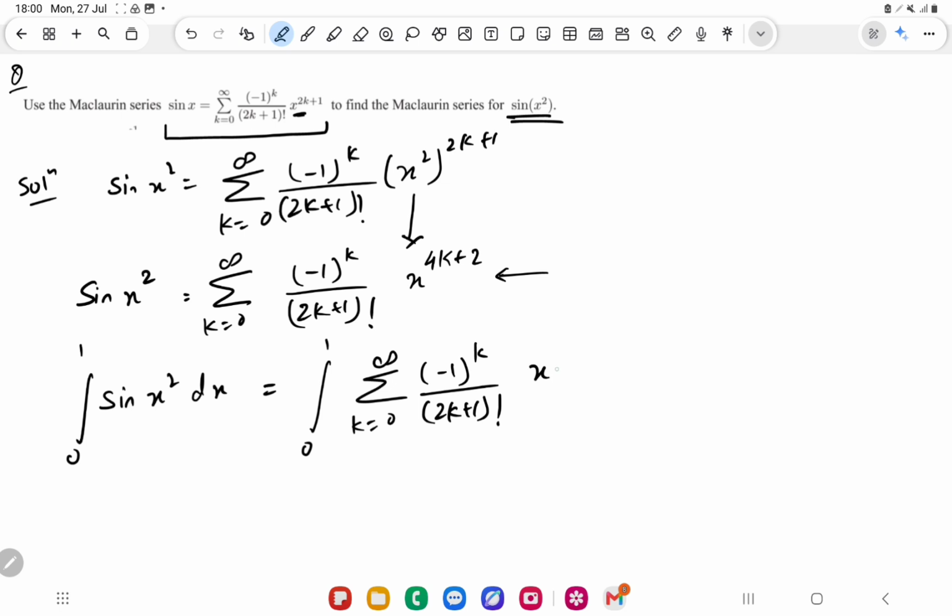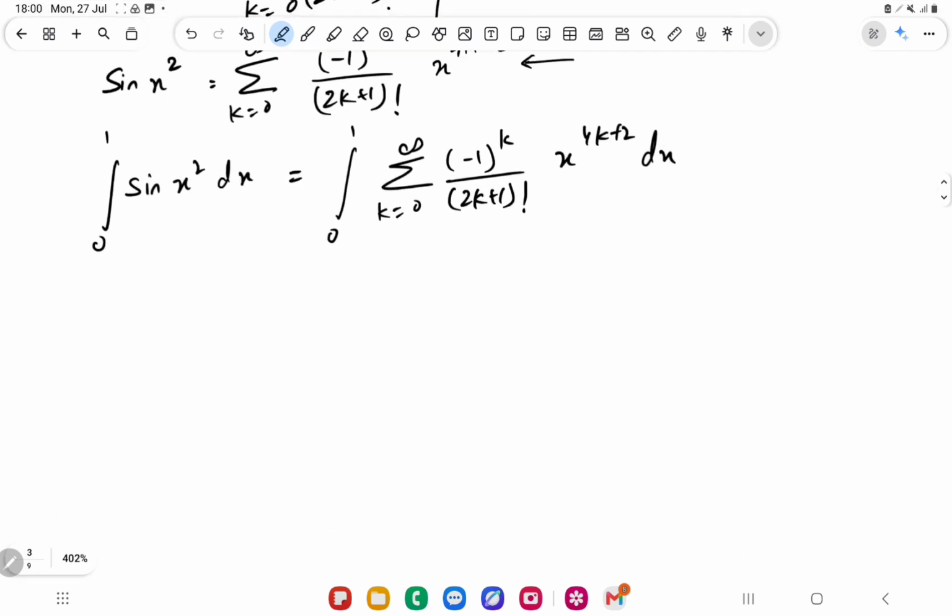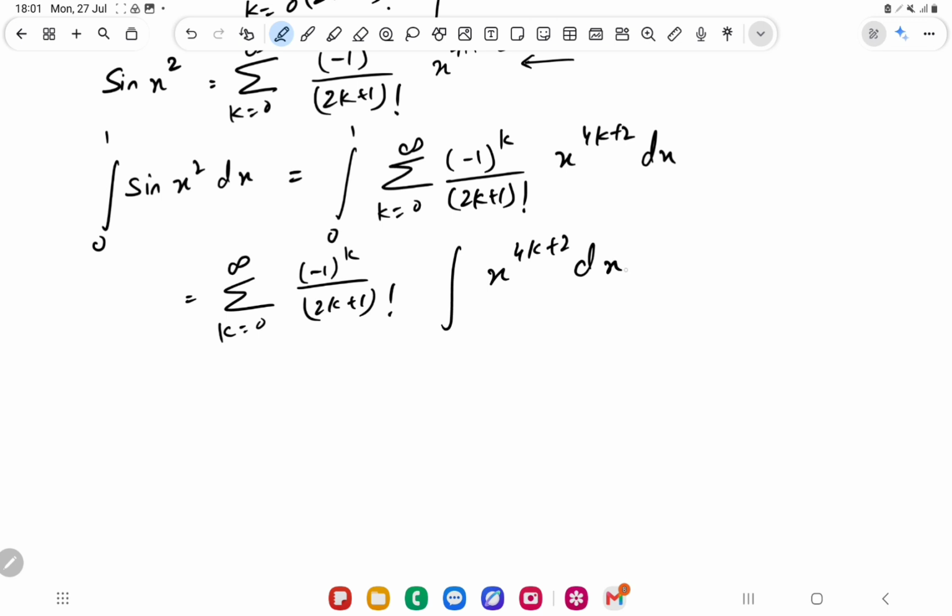These we will be taking outside the integral because these are constants. So when I take this outside the integral, it will become this 2k plus 1 factorial. Now my only work is to integrate this. So the integration of this will become, I will apply power rule. So this will become like this.